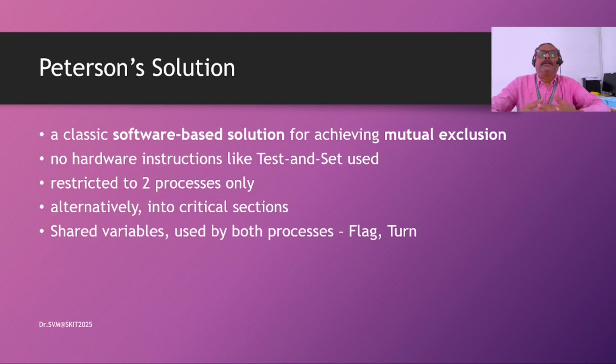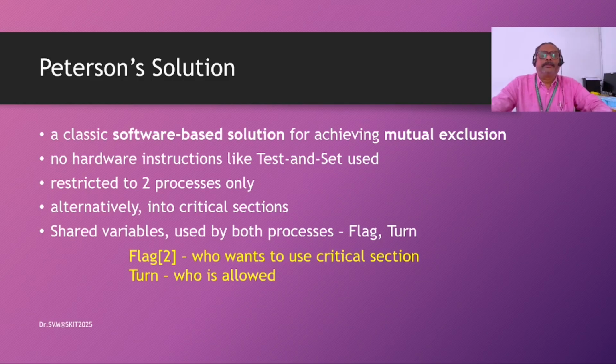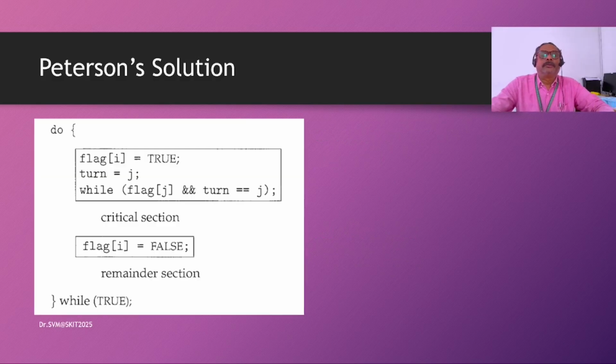So cooperatively they work and make sure that each one gets a chance, alternately. The flag is used to announce that a process wants to enter the critical section, and then the turn tells who can get in.